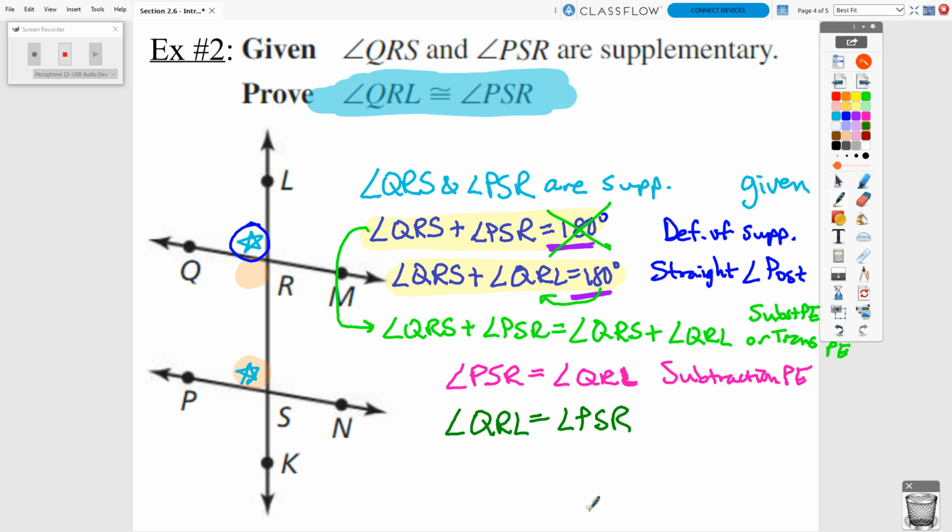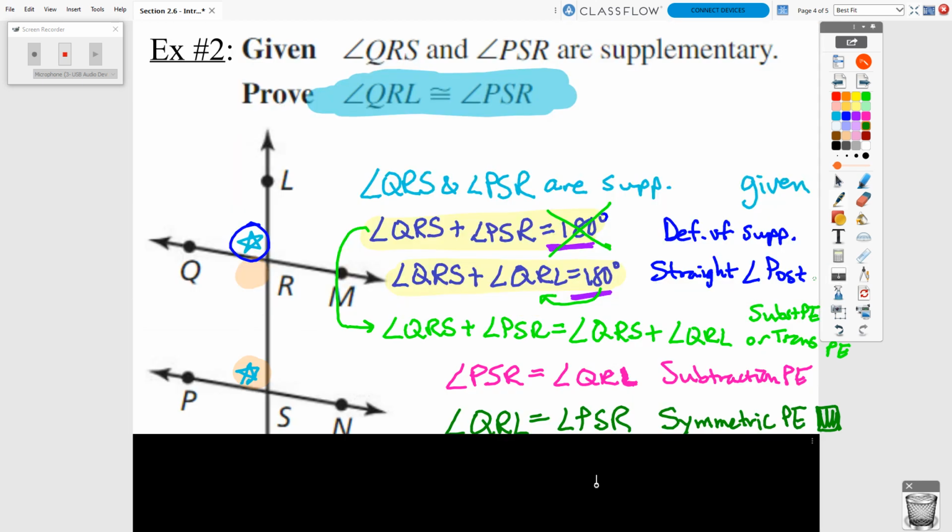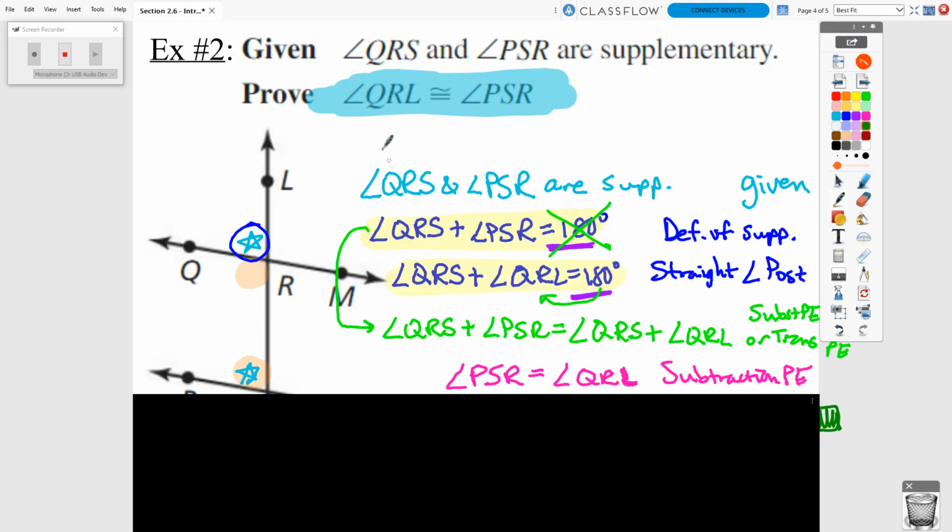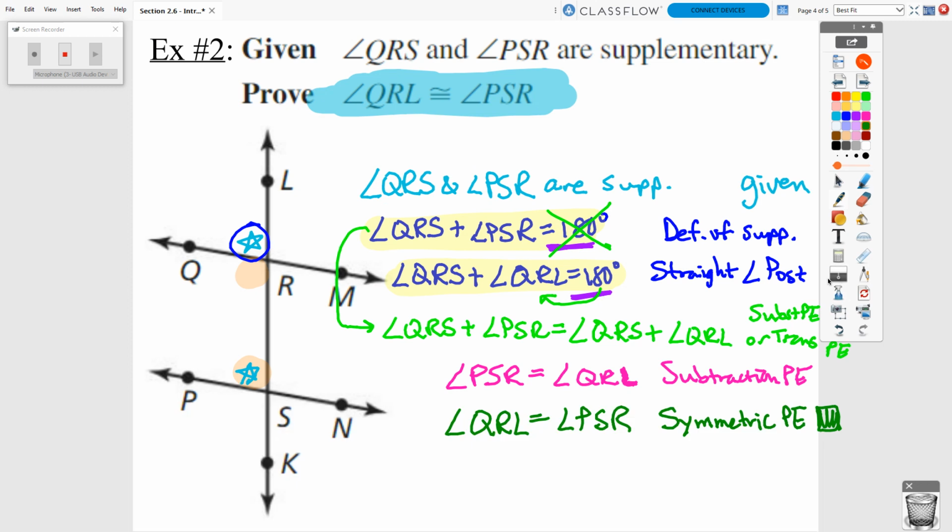And what was that property called when we could just flip the sides of the two equations? That was the symmetric property of equality. And then you could call it done at that point. But again, I am good with calling it a day at this point. But if you need to see that flip-flopped, then do the one extra step and use the symmetric property. Completely up to you. All right, so there's the second example.